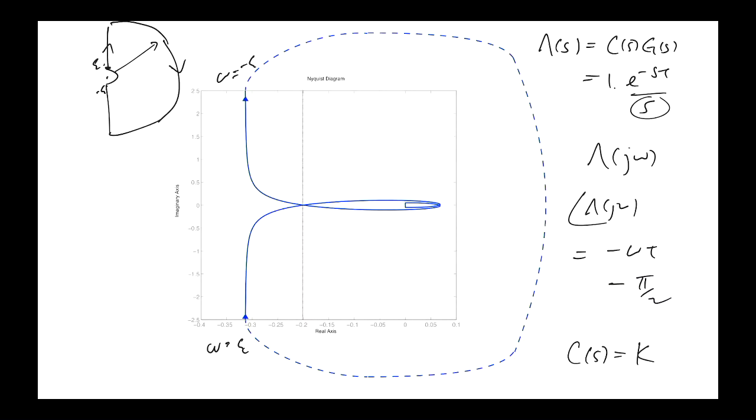It doesn't rotate it, because let's say we've already figured out that we need a positive gain. And if we expand by increasing k beyond 1, this point here will start moving this way. And if we make k sufficiently large, this point will move to the other side of the critical point.